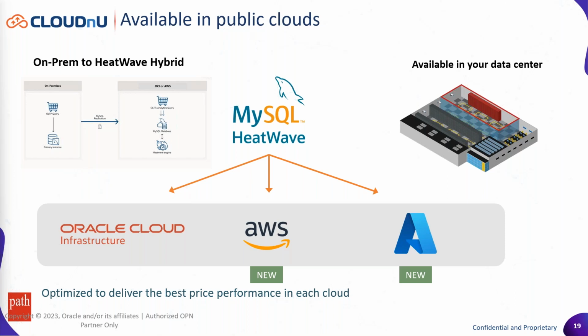If your data is in AWS, here's what we did. If you're running on AWS, the majority of customers using MySQL Heatwave today are migrating from AWS. Did you know that? But while working with these customers, we noticed that if they didn't move all their applications to OCI, then they would have to deal with high latency.